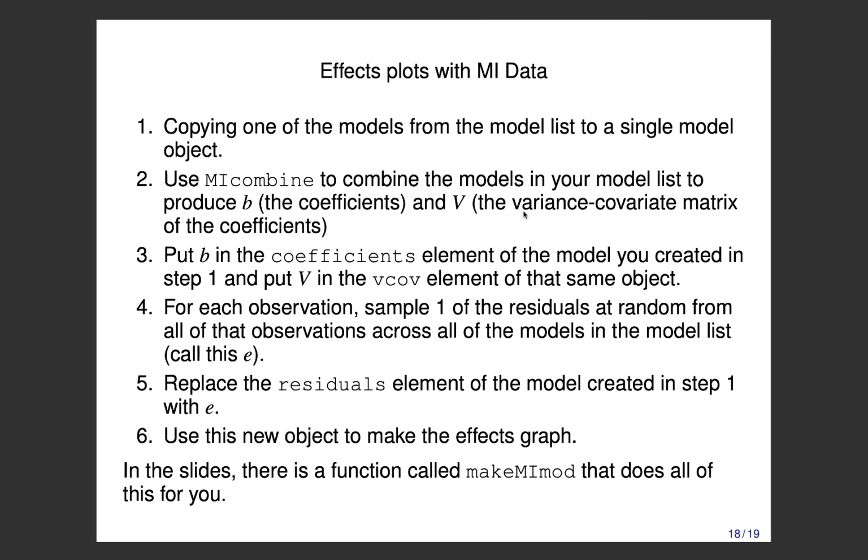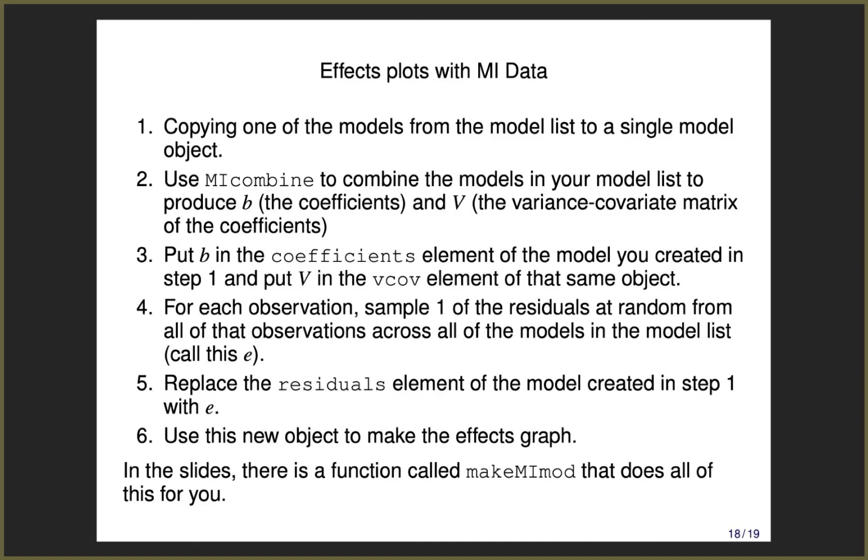One other thing we might want to do with our models is to create an effects plot. Now, the effects package doesn't work with the results from MIcombine, but there's a function in the R code for the slides called MakeMIMod, and what that does is it goes through these 6 steps.